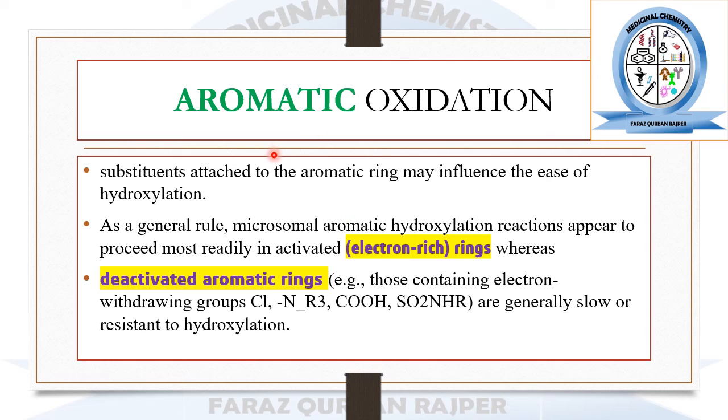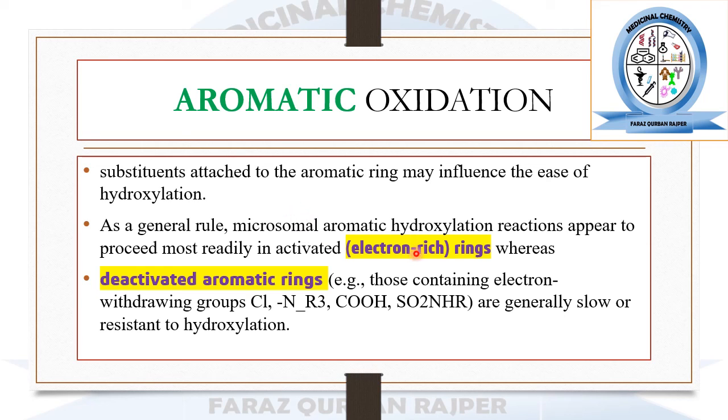Aromatic oxidation. Now there are certain other factors that can influence the aromatic oxidation. Some may stimulate this process, some may reduce this reaction. Because there are certain types of functional groups that are electron rich, or electron rich activating groups.